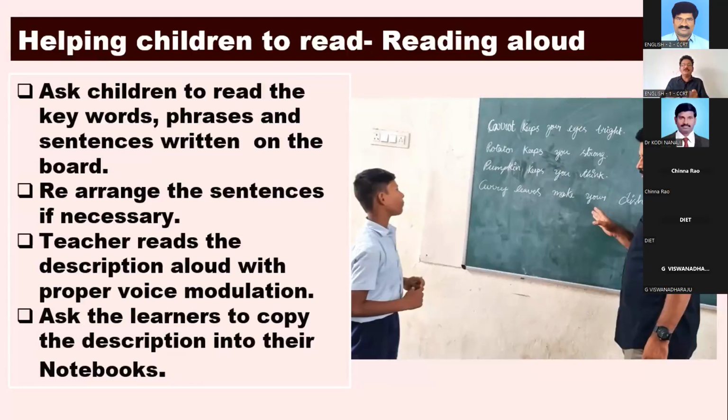While writing, you can rearrange the sentences if necessary. Finally, the teacher reads the description aloud with proper voice modulation. Once you have completed all these things, ask the learners to copy the description into their notebooks. This will be the first description, a whole class description, and every student will write it.